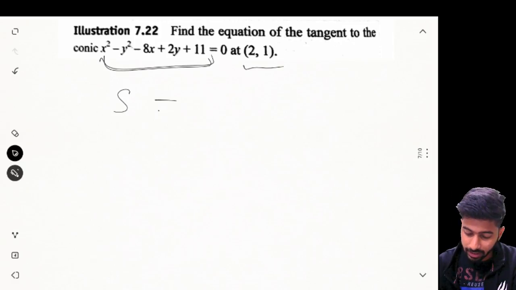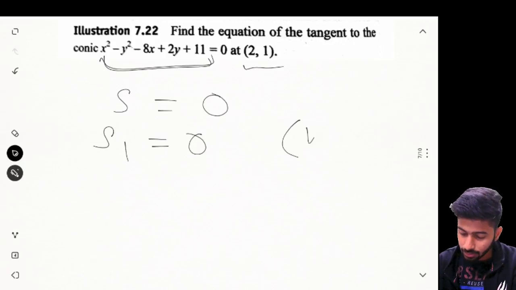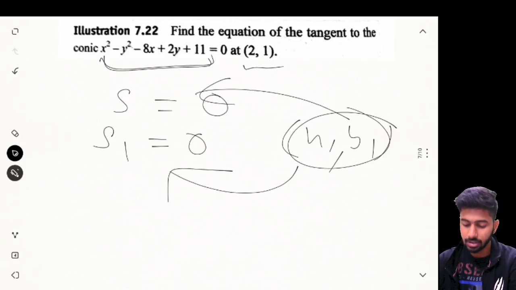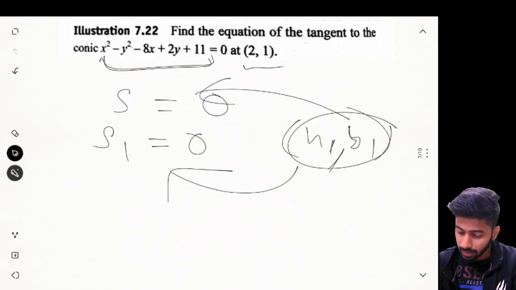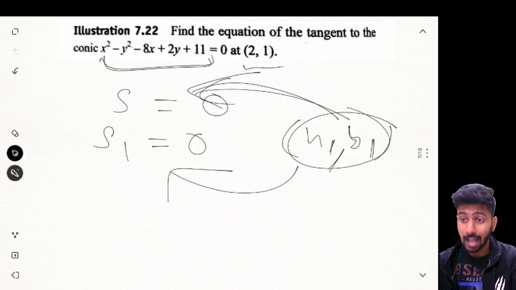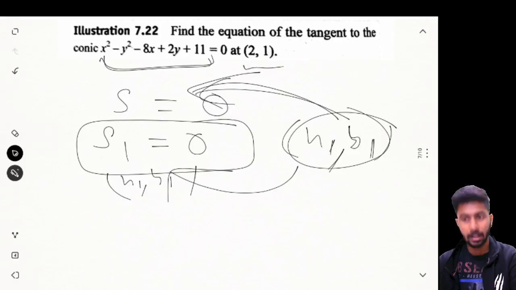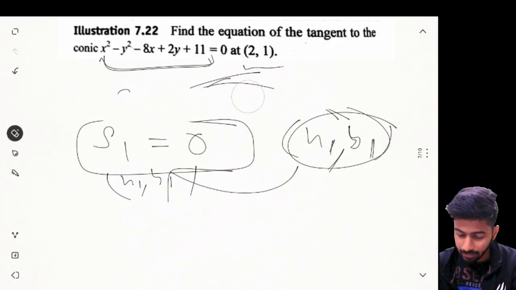If this is your conic, S equal to 0, then S1 equal to 0 at x1 y1 has to be a tangent to this conic if your x1 y1 lies on S equal to 0. I hope you are understanding. You have this point x1 y1 which lies on S equal to 0. If that happens, then S1 equal to 0 at x1 y1 has to be a tangent. I don't even need to think about anything else. So we'll straight away do that here.